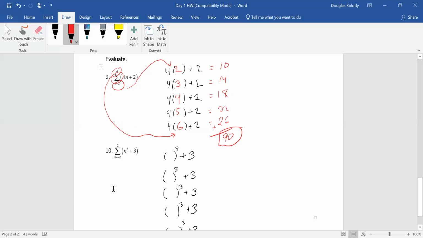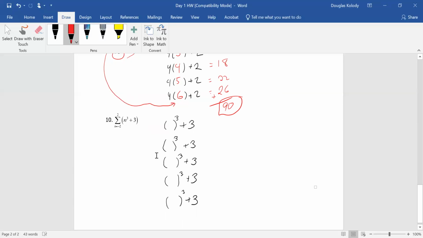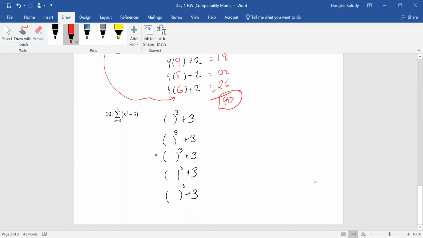All right, so for number 10, we're finding the sum. Scroll down here, and we're beginning at -2, and we're ending at +2. So start by plugging in -2, -1, then 0, then +1, and then +2. -2 cubed. -2 times -2 times -2 is -8, plus 3, which is -5. -1 cubed is -1. -1 plus 3 is 2. 0 cubed is 0. 0 plus 3 is 3.